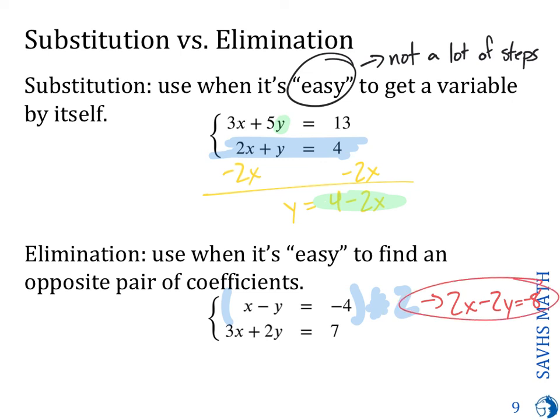Now this and this, if you add them together, you would eliminate the y's because I have a negative 2y and a positive 2y. So not a lot of steps is what I mean when it's easy. So you can think critically about what is actually going to take not that many steps for me to get an answer out.